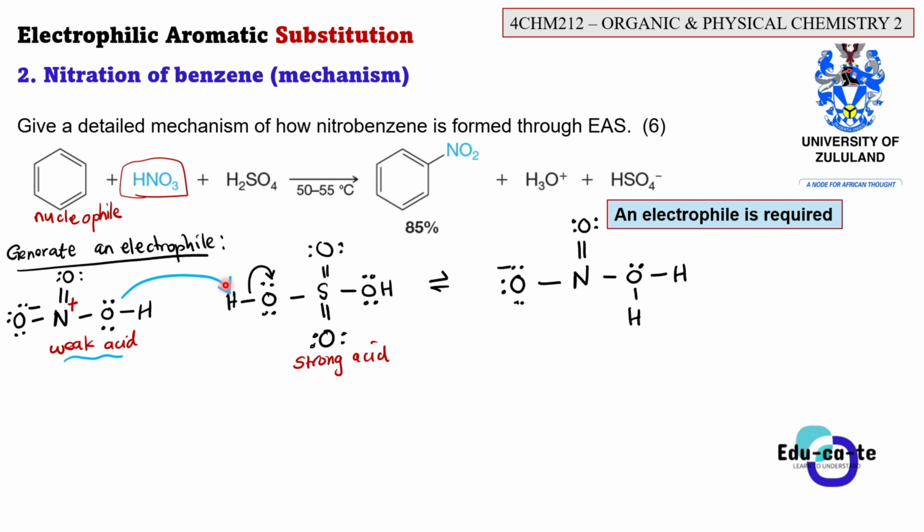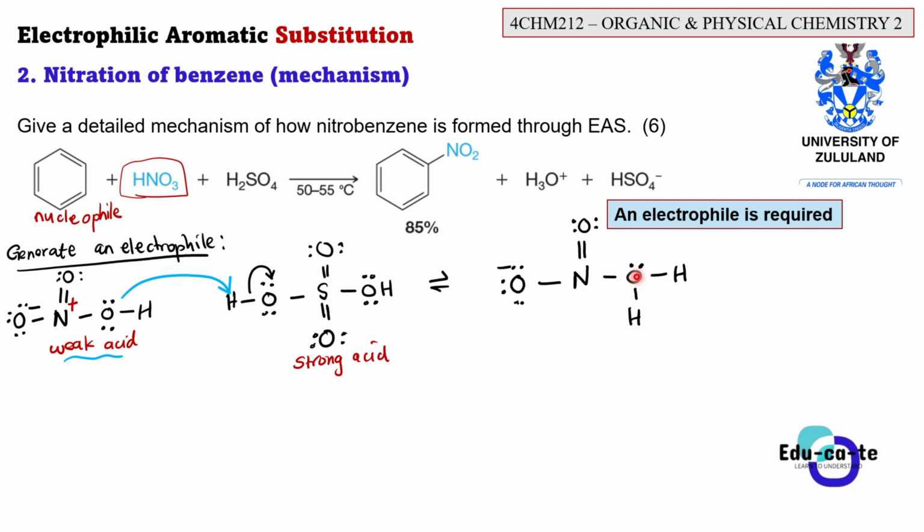All right, so basically what happened, this oxygen had 2 lone pairs of electrons. It used one of its lone pairs to abstract a proton from the stronger acid. That's why we are seeing a bond between the oxygen and another proton. So this H, or this proton, is actually coming from this strong acid, this particular one. Okay, but now since it used 1 lone pair, here we had 2, right? So we'll only remain with 1.